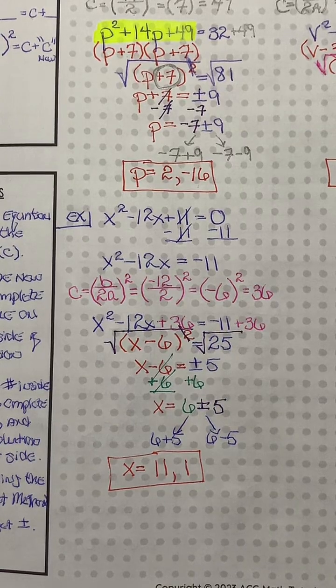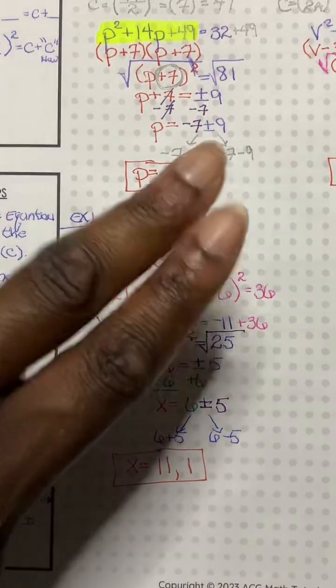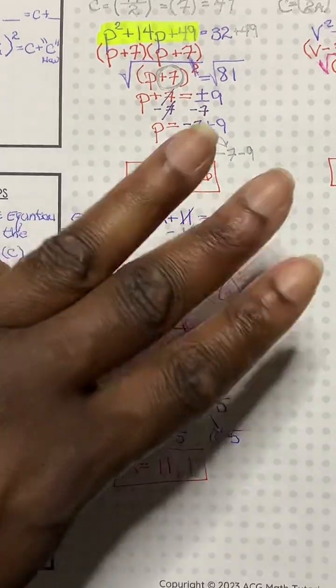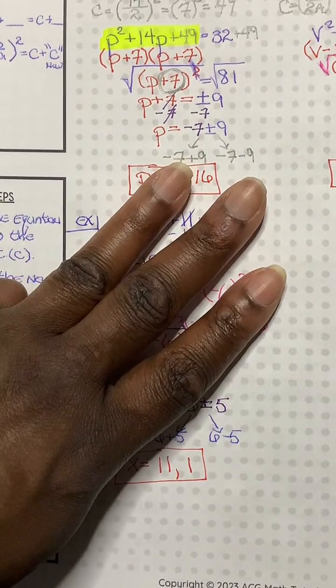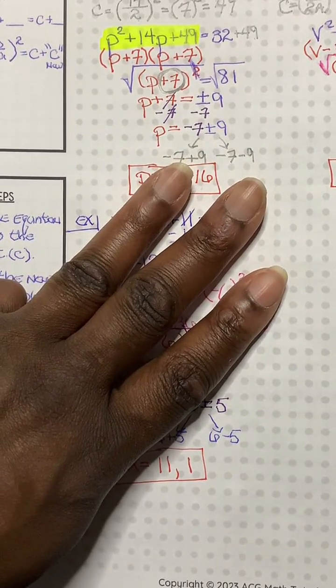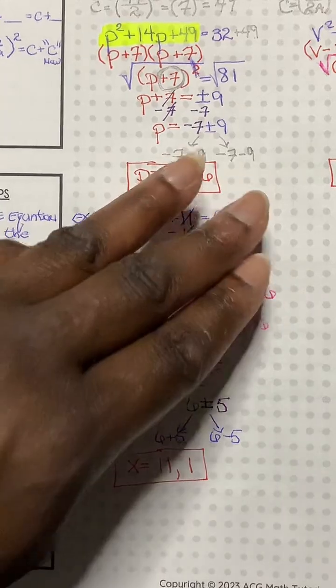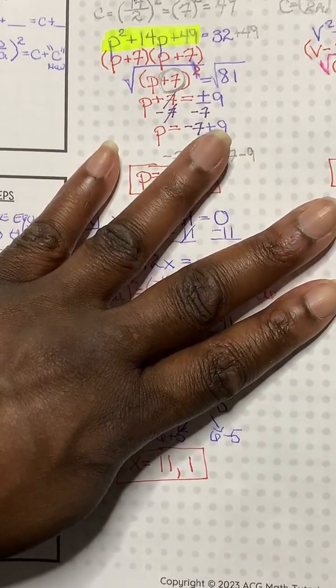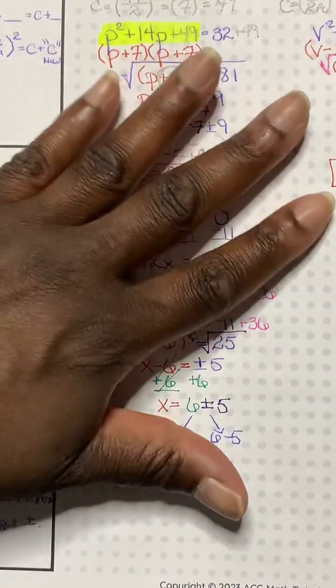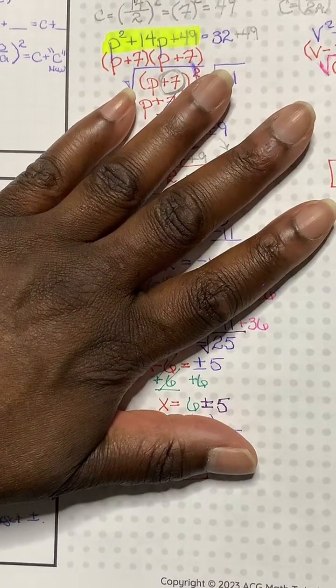There are multiple ways of factoring. Yes, you factor with the GCF. You factor by grouping. You factor trinomials regardless if the A is 1 or not 1. You're also doing the quadratic formula, and then you also have what's called completing the square.